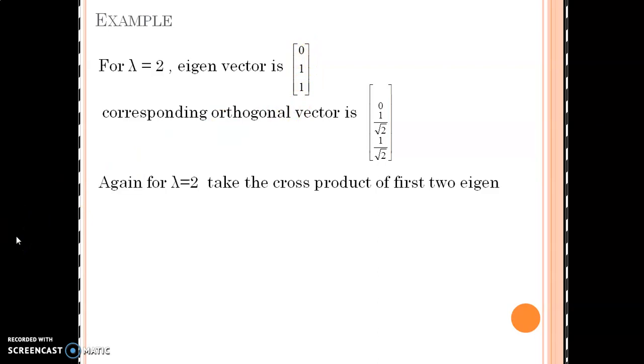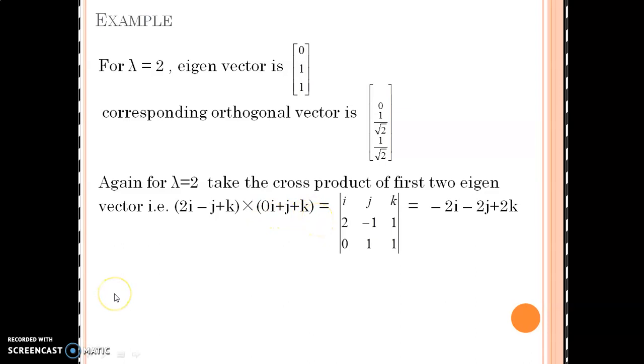Now here lambda equal to 2 is the repeated value and therefore the resultant eigenvector will be the cross product of the previous two. The first eigenvector was 2, minus 1, 1, so it is written as 2i minus j plus k. The second eigenvector is 0, 1, 1, so it is written as 0 plus j plus k. And solving this determinant, we get minus 2i minus 2j plus 2k.